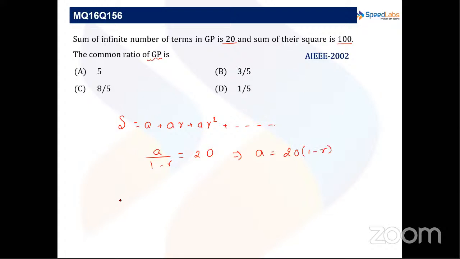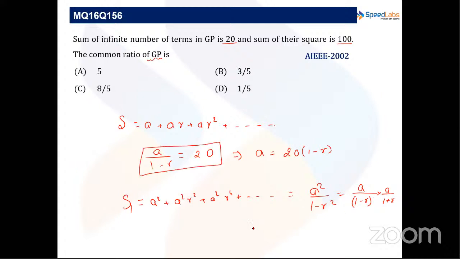And the sum of their squares, let's say S1, is equal to A square plus A square R square plus A square R to the power 4 plus so on up to infinity. So this sum will be equal to A square upon 1 minus R square, which we can write as A upon 1 minus R into A upon 1 plus R. Since the value of A upon 1 minus R is 20, this is 20 into (1 minus R) upon (1 plus R), and this value is given as 100.